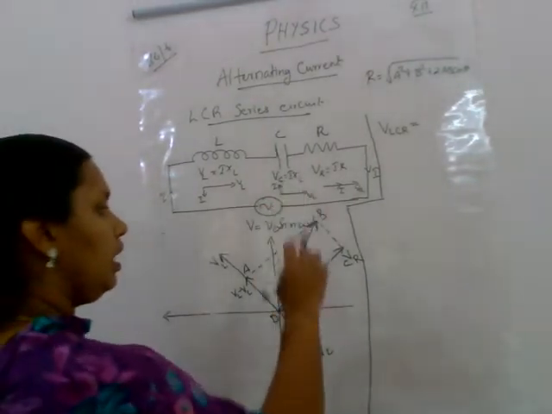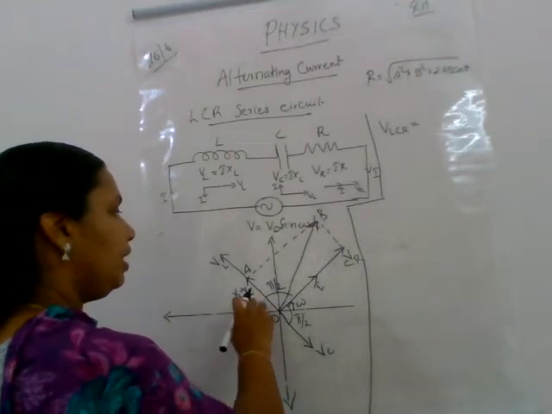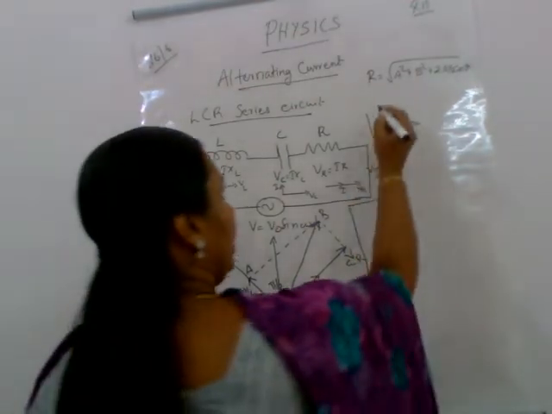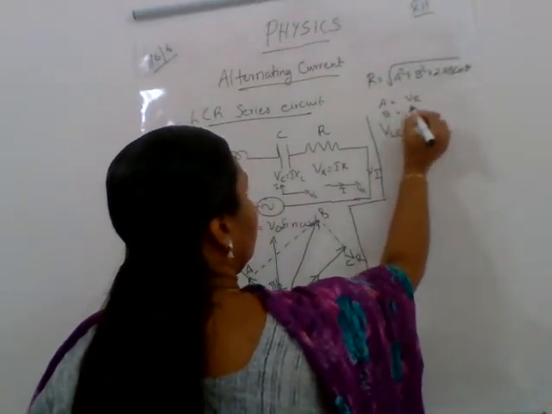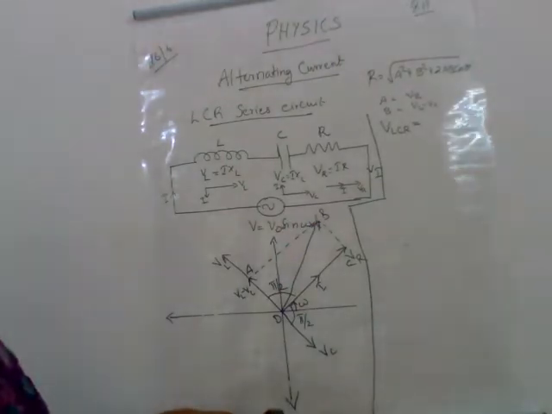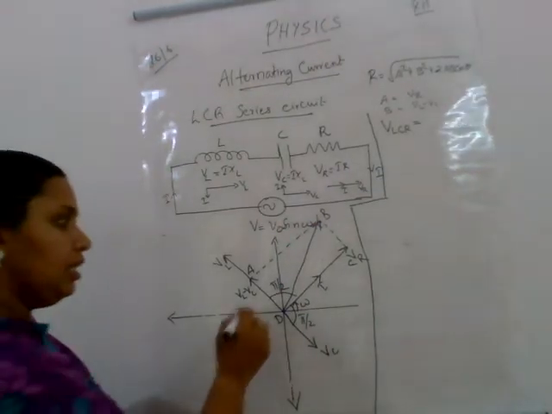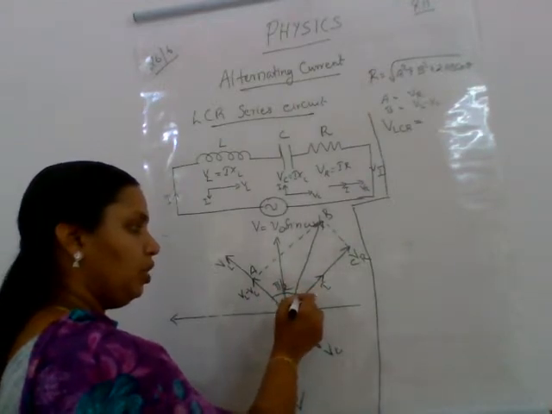So here, which is a and b? VR is a, and we can take VL minus VC as b. A is equal to VR and b equal to VL minus VC, two vectors. And what is theta? Theta is the angle between VL minus VC and VR. It is equal to 90 degrees.